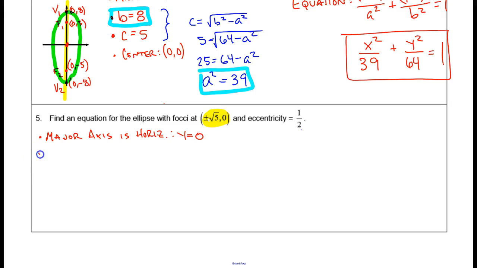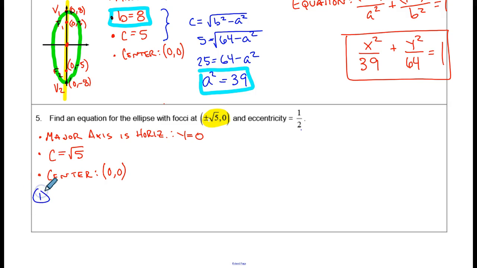It also tells me that the value of c, the distance from center to foci, is root 5, because I know that right in the center of those 2 points, I'm going to be able to locate the center, and that's going to be at 0, 0. So heck, we're halfway home, folks. The only thing we have to do is come up with a and b, and we've got our equation.